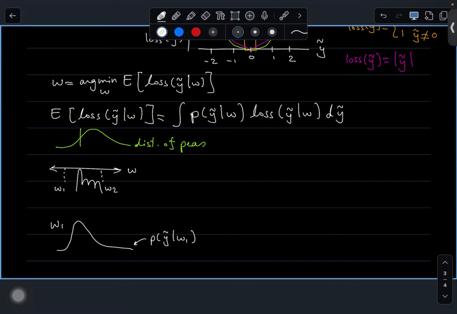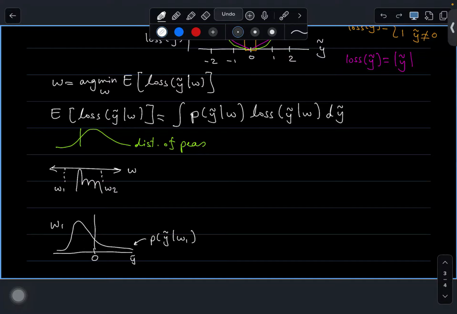And suppose that this is 0. This is in error space, that's 0. Now, if I move my finger to the right, suppose I get a function that looks like this. I'm drawing these functions asymmetrically, so you can see it has a long tail to the right.